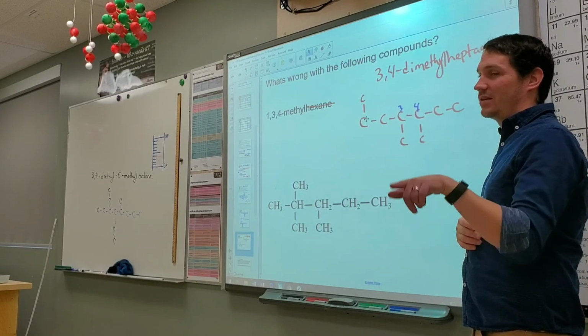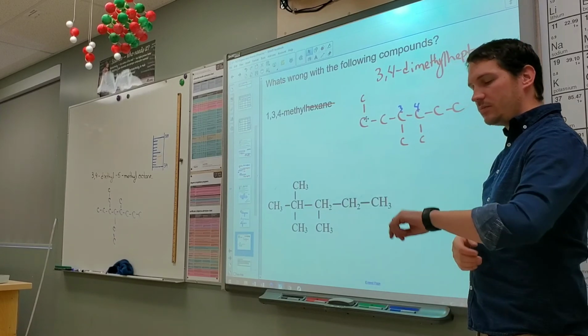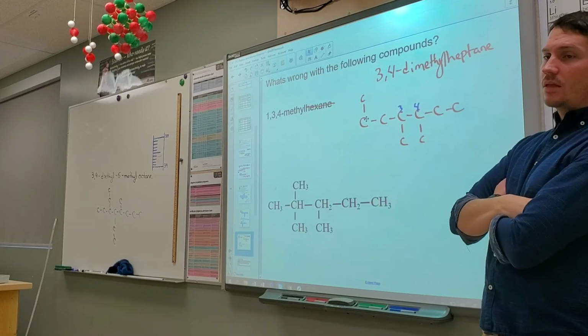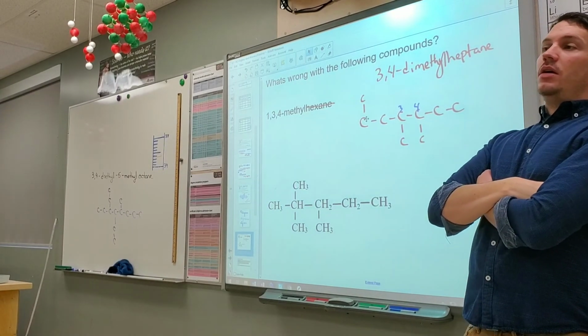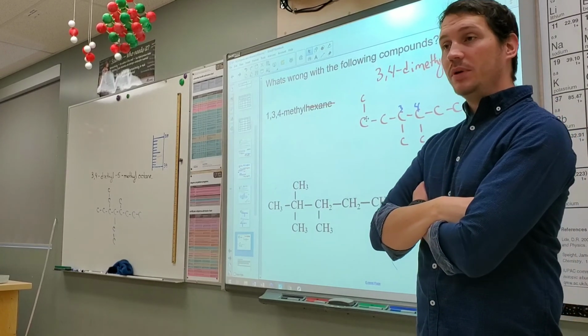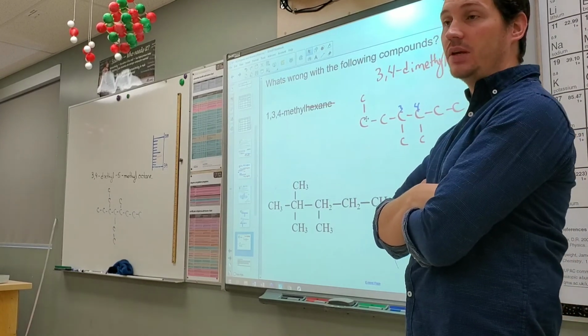Kind of. Okay. Could there be a multiple choice question where it gives you 1,3,4 methylhexane, and then it gives you a whole bunch of actual names, and then you have to choose the correct name? Oh man. I don't want to say no because potentially yes, there could be.